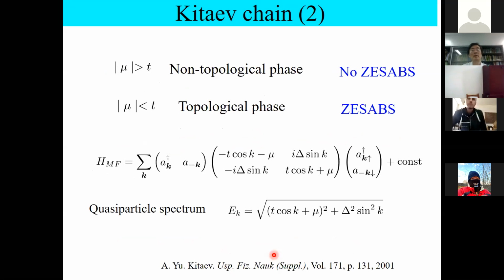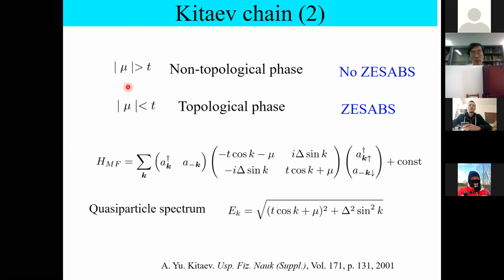In this model, there are two phases. Actually, how to distinguish between the two phases is as follows. This spectrum can become 0 at k equals 0 and mu equal to, for example, plus or minus t. In that case, the energy gap closes, and by crossing the crossing point, we can change from one phase to another phase.